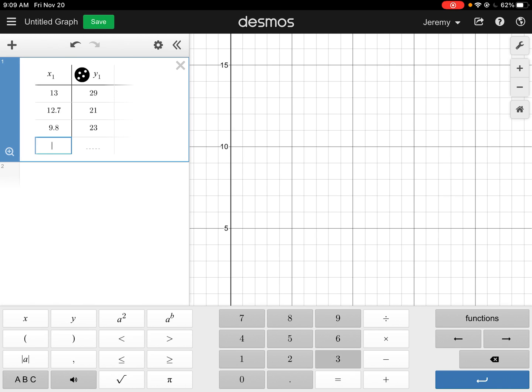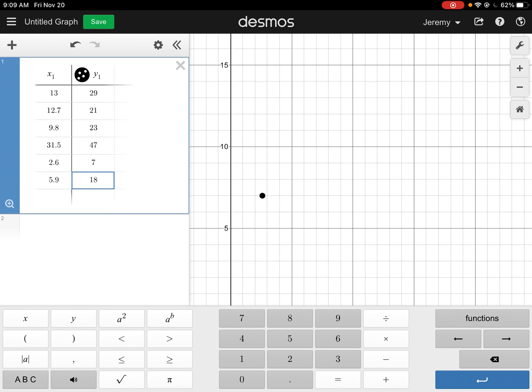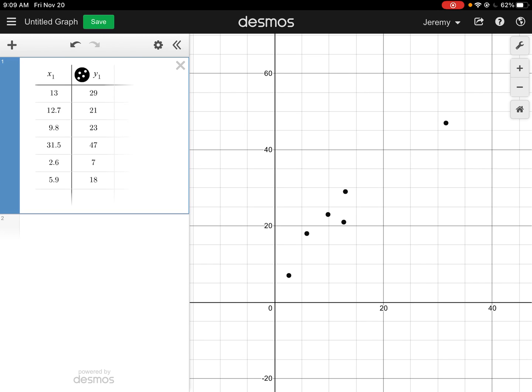We had 31.5 and 47. Then we had 2.6 and 7. And finally 5.9 and 18. Again, remember, x is our distance and y is our time. Let's adjust our window so we can see everything. There we go. We won't copy this into our notes yet.